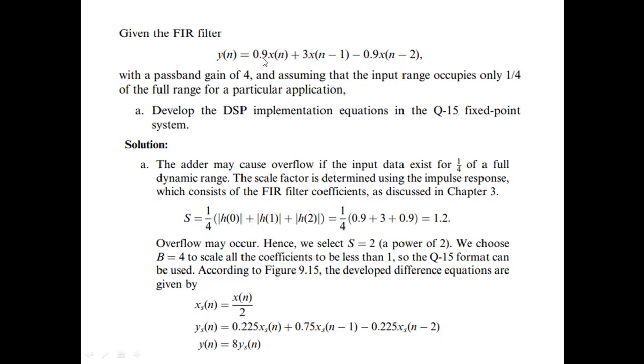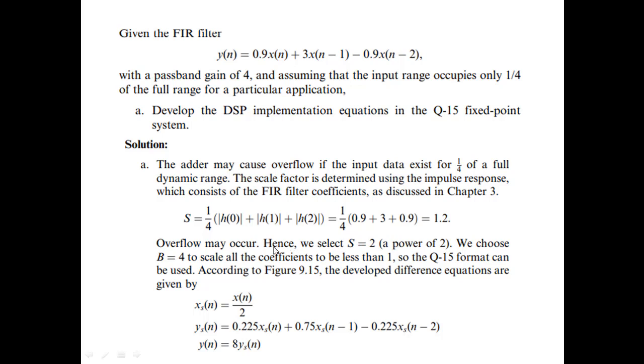Magnitude of 0.9 is 0.9, magnitude of 3 is 3, and magnitude of minus 0.9 is plus 0.9. So 0.9, 3, 0.9. If we calculate this value, we get 1.2, and since 1.2 is overflowing, it has gone beyond 1, so we have to scale it down.